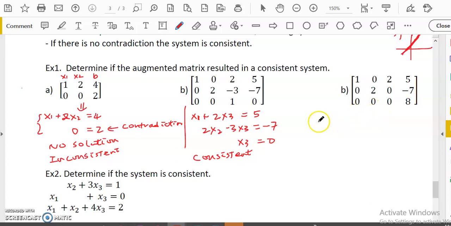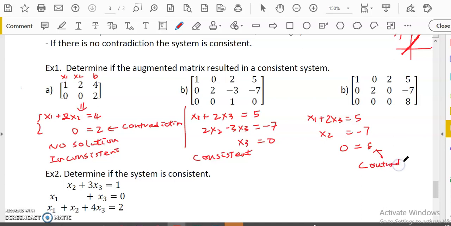So last one, is it consistent or inconsistent? It is an upper triangular, right? This is 0 and this is also 0. The third one, this is also 0. So let's look at x1 plus no x2, 2x3 equal to 5, then x2 equal to negative 7, and then you have 0, so there's no x1, x2, x3, equal to 8, and this is a contradiction, right?